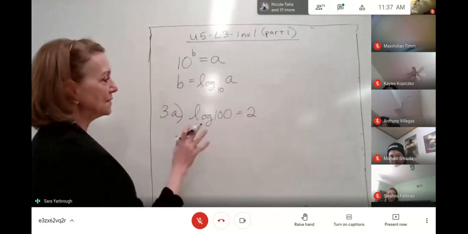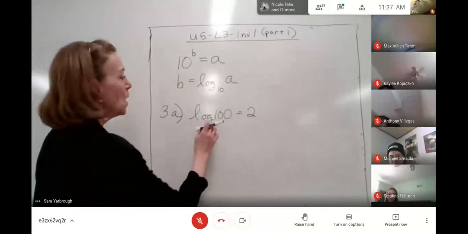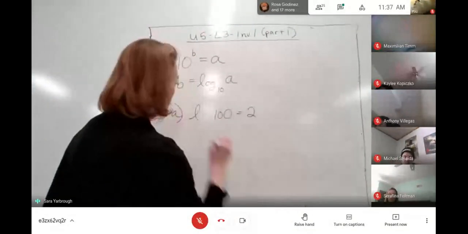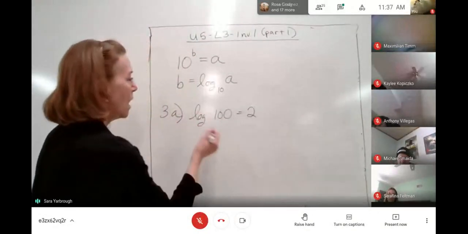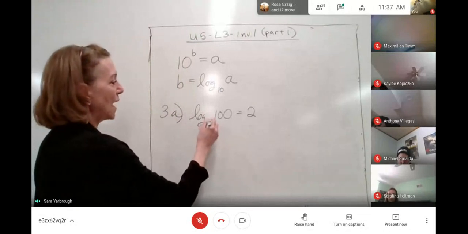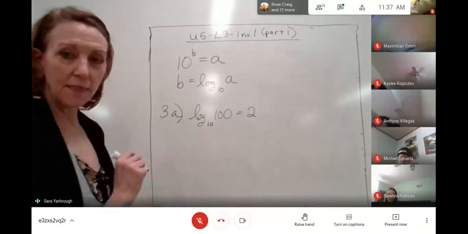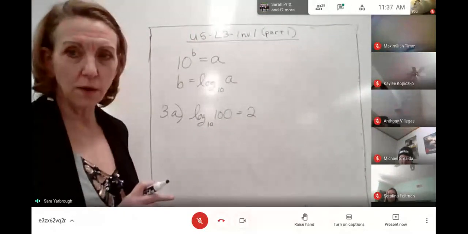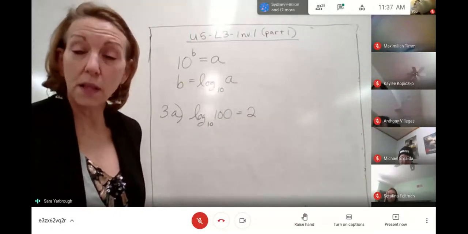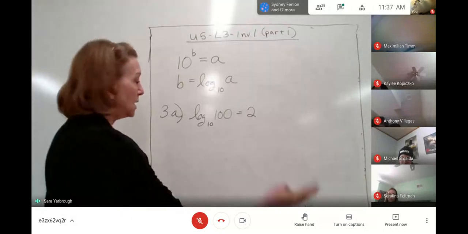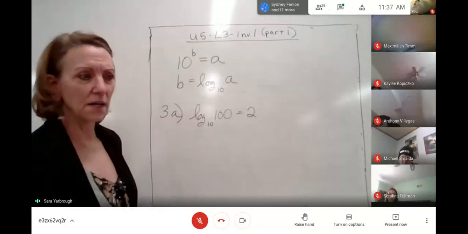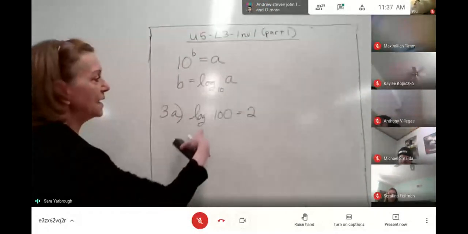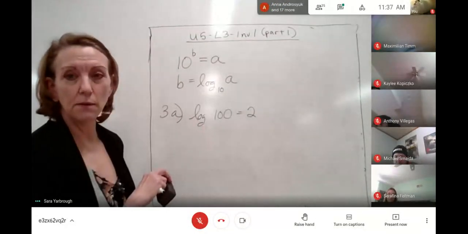Now here's one other thing that I have to explain to you. I know I didn't write the base 10 in there, but base 10 is so common in the world of logarithms that it's actually called the common log. In any math textbook or on a test or a quiz, if your logarithm is written like that, it's automatically base 10.